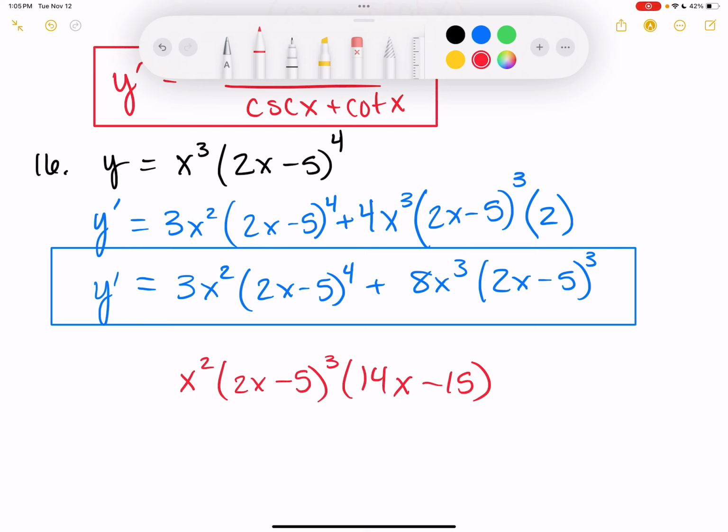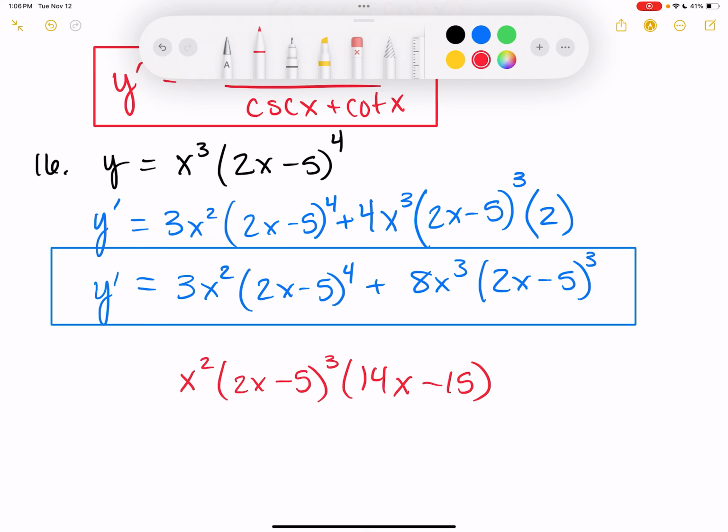If you take an x squared out, that would leave you with 2x minus 5 cubed out. That would leave you with 3 times this plus 8x.